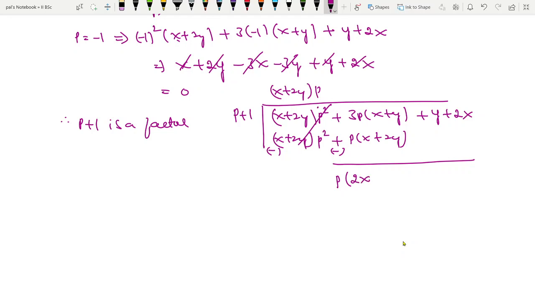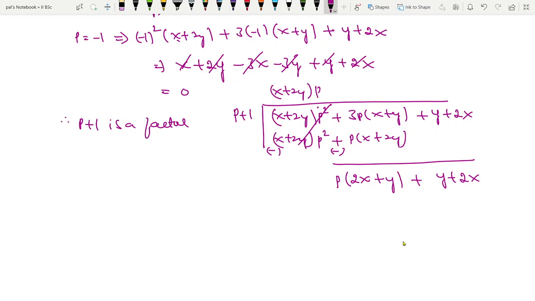Next, 3y minus 2y, because this is minus into 2y, minus 2y. 3y minus 2y is y, plus y plus 2x. So next step, what factor do we have to multiply with p to get p into 2x plus y?